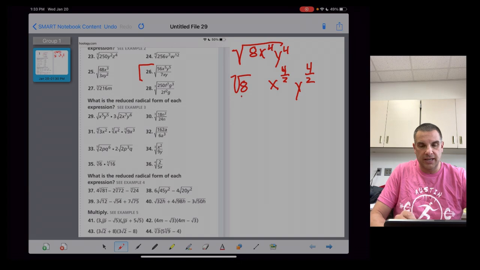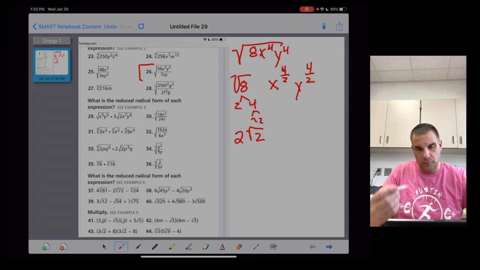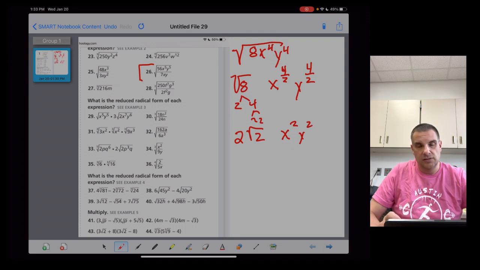So now we break the 8 down. 8 is 2 times 4, which is 2 times 2, so it's got a pairing, so that's 2. And then you've got times the square root of 2 because there's one 2 left. Now you can reduce x to the 4 halves to x squared, and y squared. Those come outside of the radical.